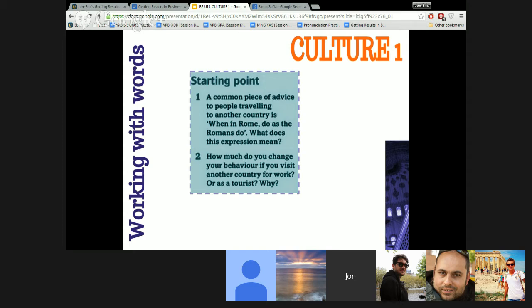What's the difference between Rome and Napoli? Oh, big difference, right? Yes, sure. In Naples, there aren't rules on the street. If you use a car, everyone goes, chaos.